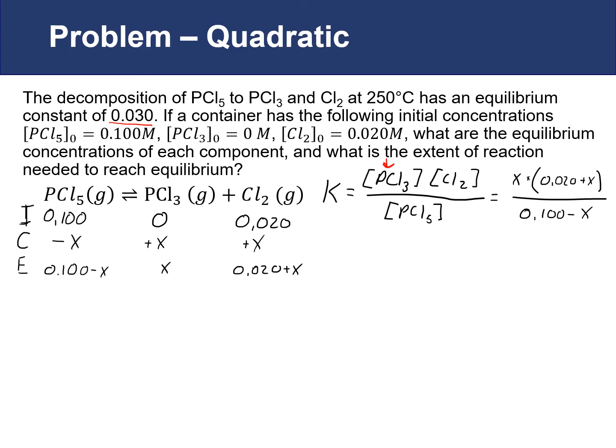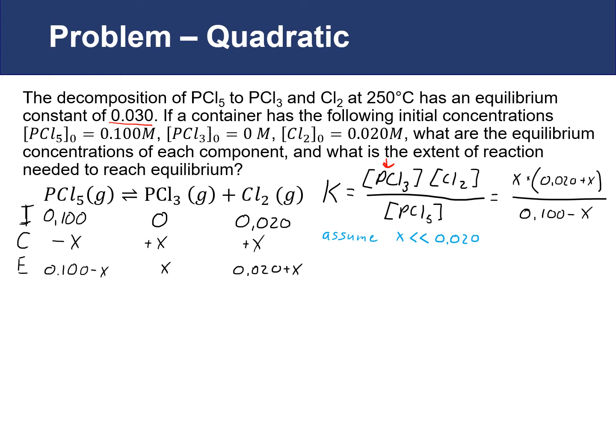So we're going to try to assume that x is much less than 0.020 and 0.1. However, if x is less than 0.020, then it is definitely less than the 0.1. So we only really need to check the first condition.